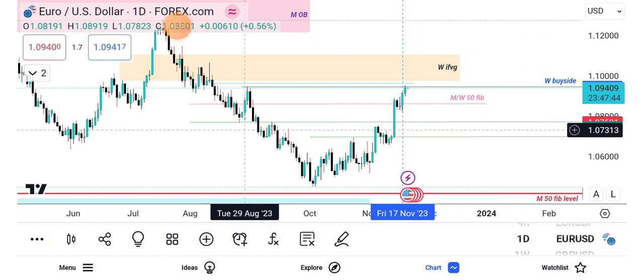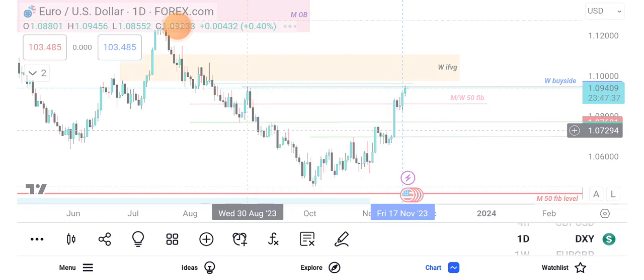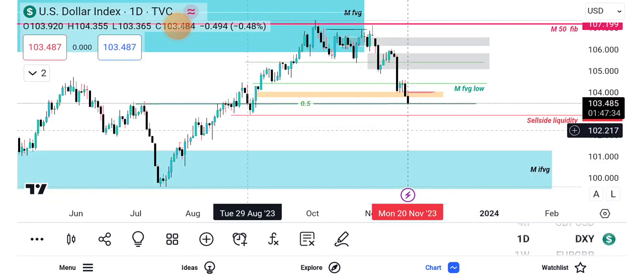Yeah, the Thursday. We have this high, 30th Wednesday. Yeah, we can see the lows in DXY have not yet been taken out, but EU has cleared the buy side.